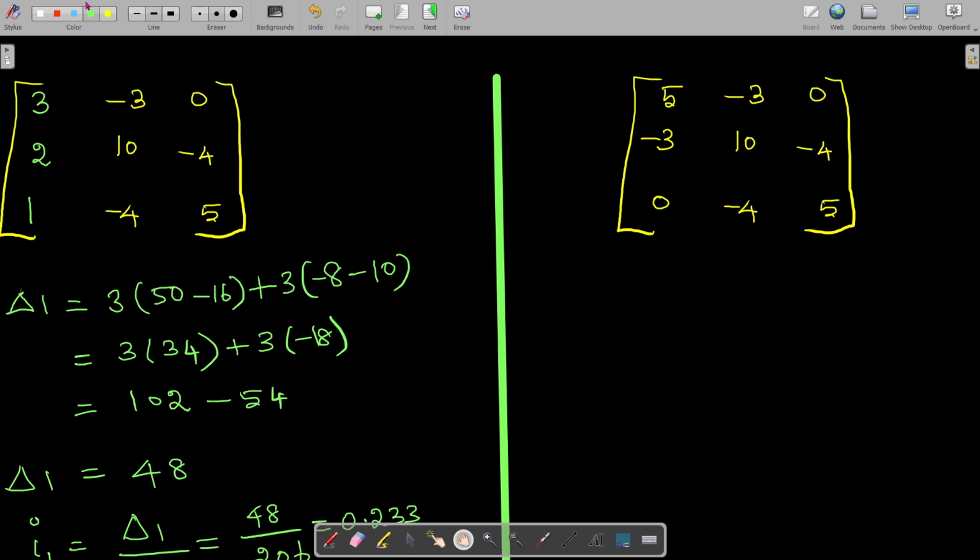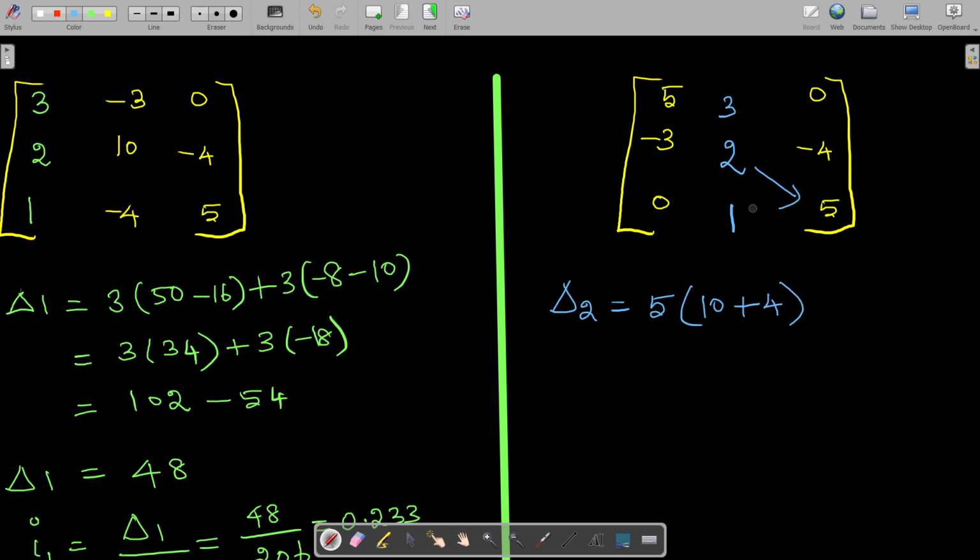Now we want to find out this del 2. In order to find out this del 2, the second column should be replaced by the voltage values, that is 3, 2, 1. Okay, so now we find out this determinant value for this matrix. Then it is 5 into 10 minus of minus 4.